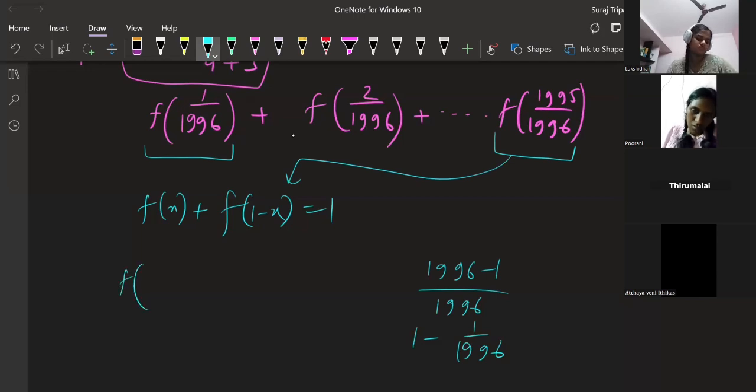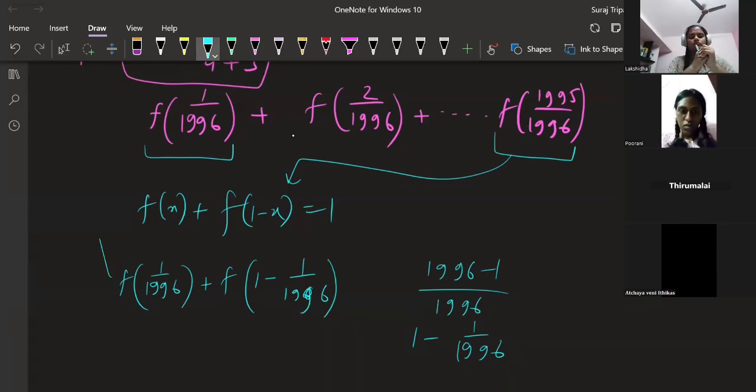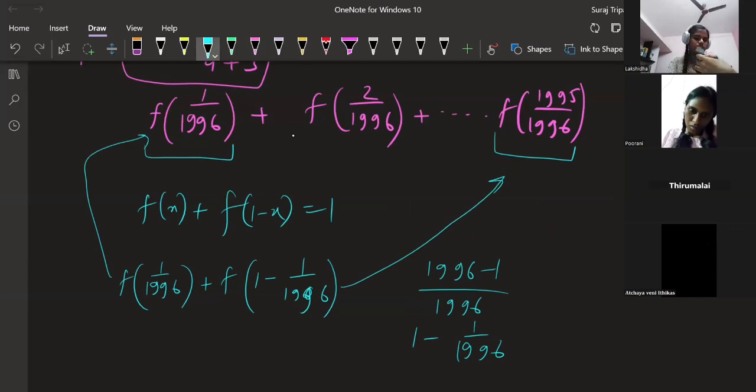So f of 1 upon 1996 plus f of 1 minus 1 upon 1996. This function is this one and this function is this one, right? Any doubt?